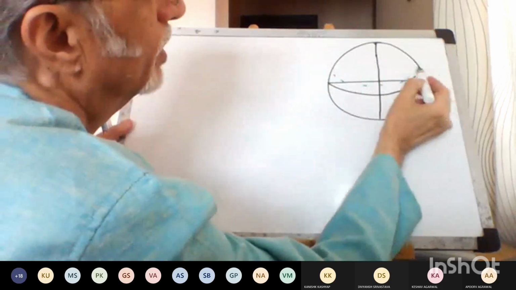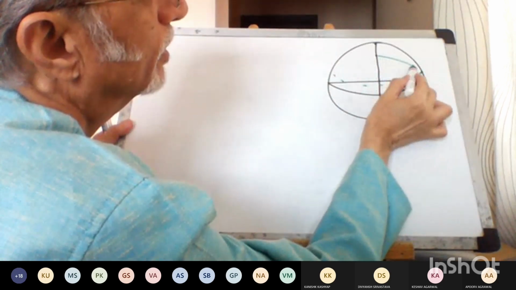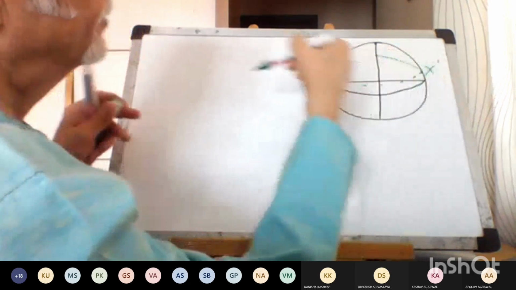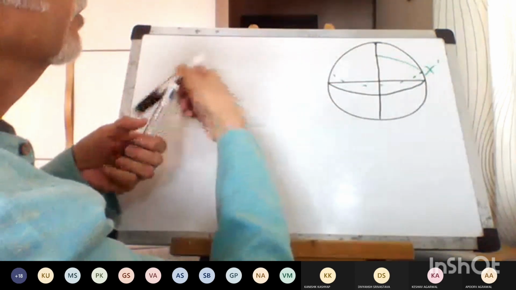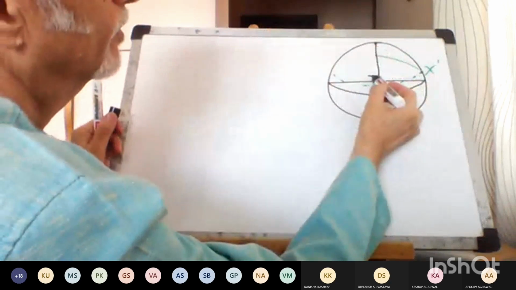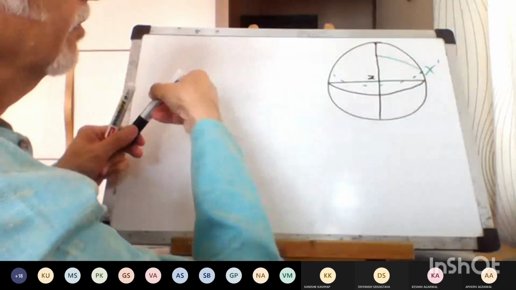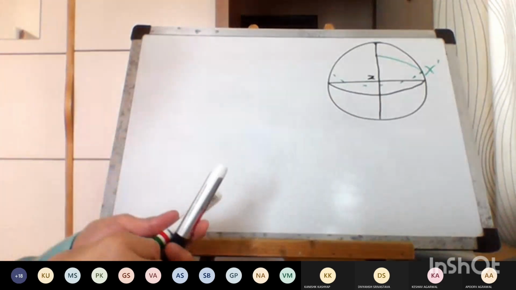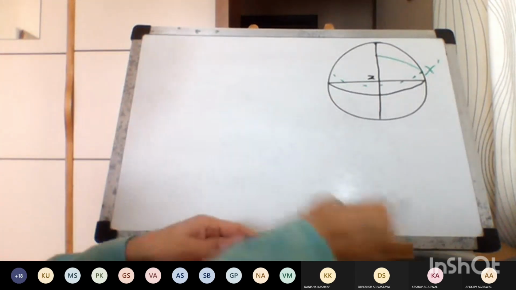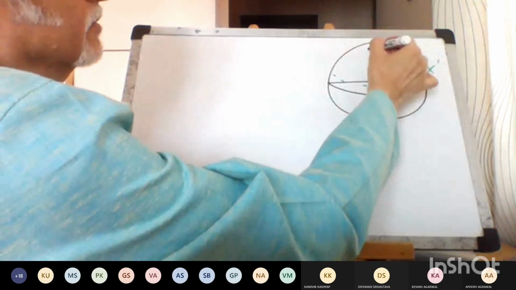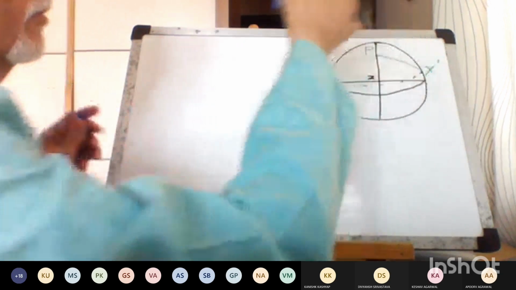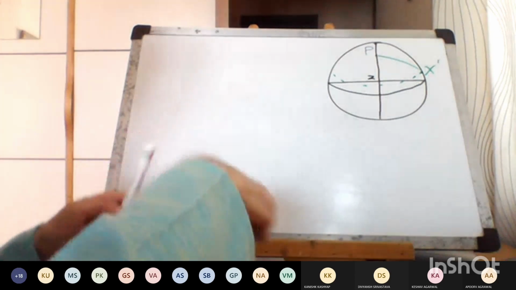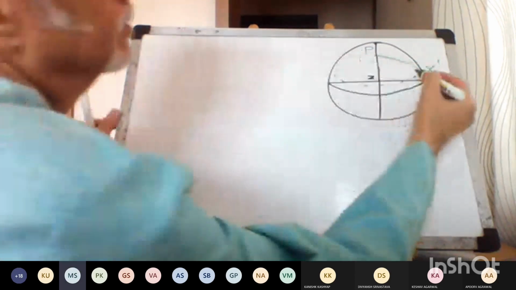One, the body is on the horizon, X dash, and we have another option. Which is the other option? Body at the equinox. Setting.